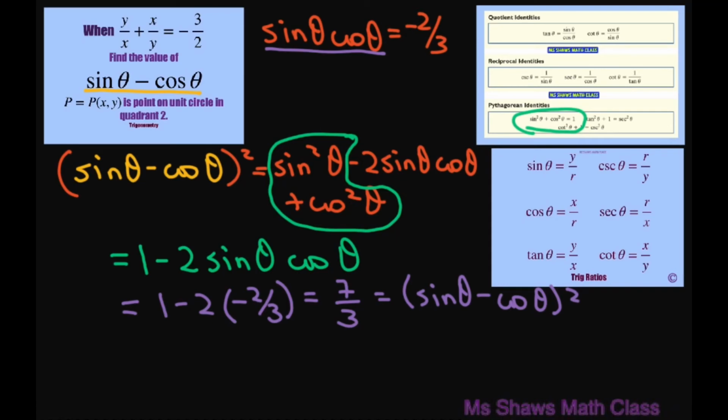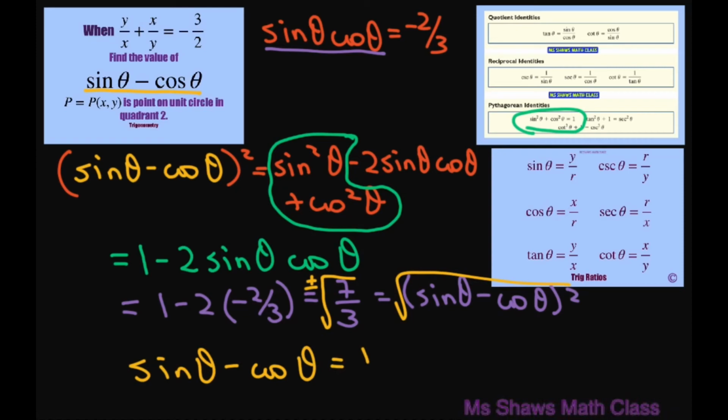So now let's square root both sides. So we're going to get sine of theta minus cosine of theta equals plus or minus square root of 7 divided by 3. Now what we have to go back to is the fact that our point on the unit circle is in quadrant 2.